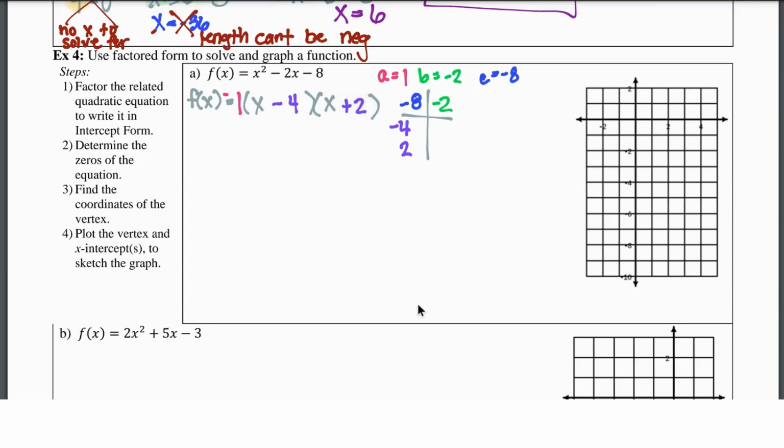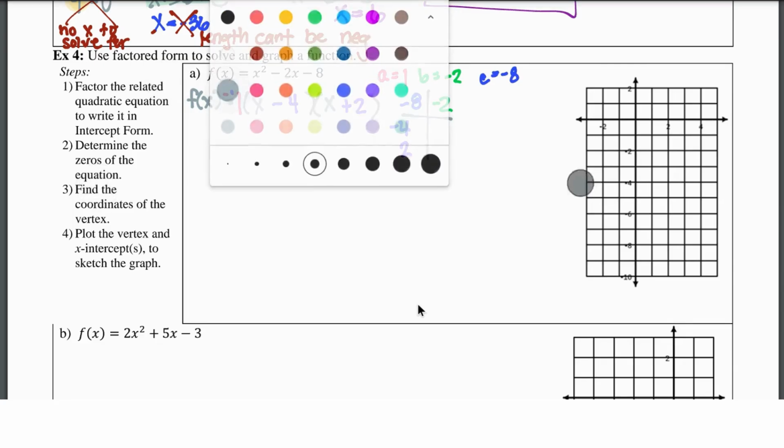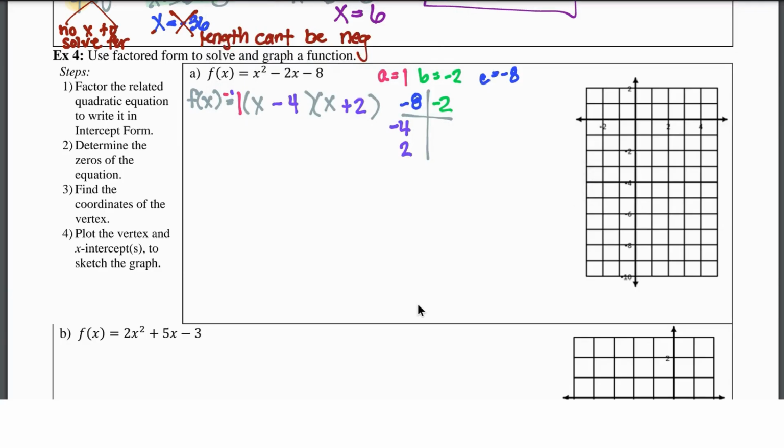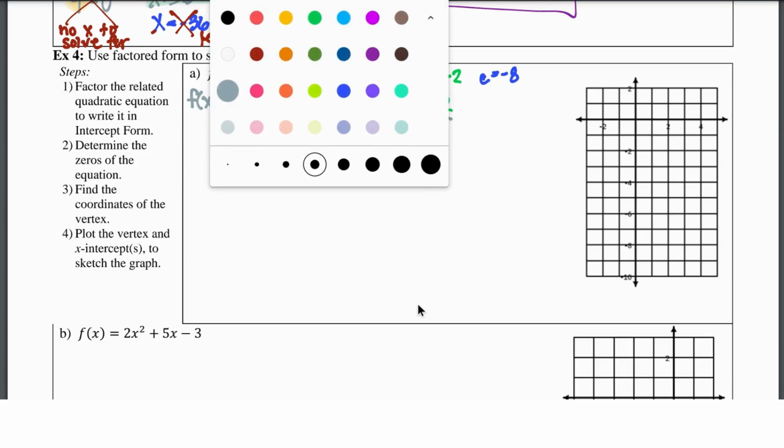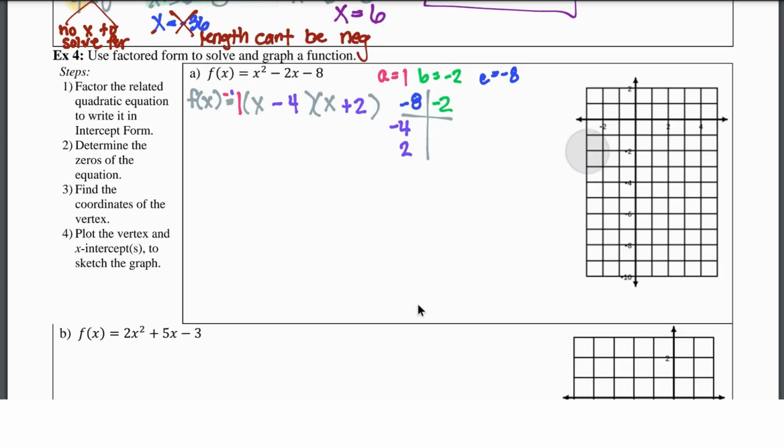Remember that with multiplication, either order is appropriate. So I could write that as x plus 2 times x minus 4 as well. And so my simplified version of the equation would not have that 1 there for the function. So what this tells me is that if I take each factor and set it equal to 0, for my first factor, x minus 4, that tells us that x would equal 4 for the solution.